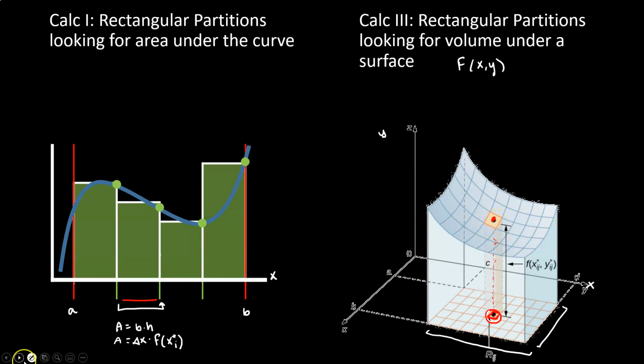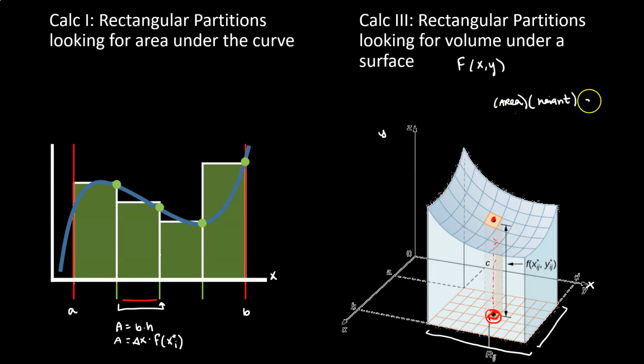So when it comes down to calculating the quantity under a surface, it's going to look a little bit different. We have our tiny rectangle in the domain that already has an area, but then we're going to multiply that by a height.